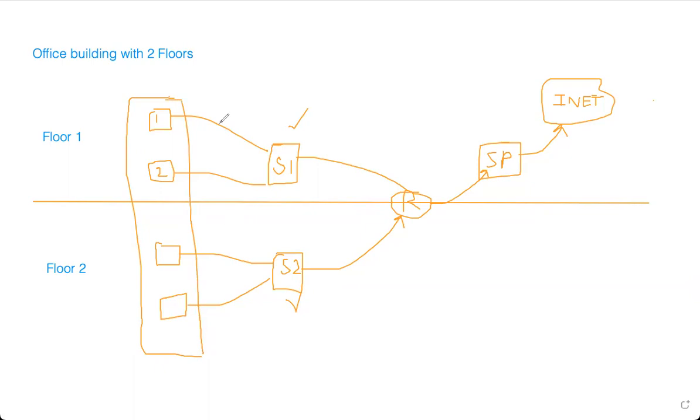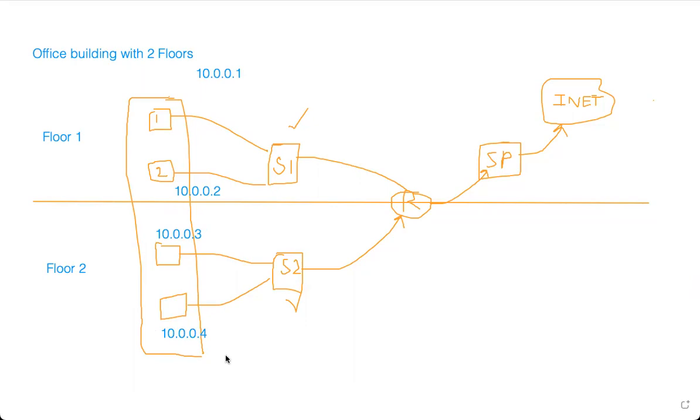Okay. So for example, because they're all part of one LAN, you can use IP addresses 10.0.0.1, to... okay.